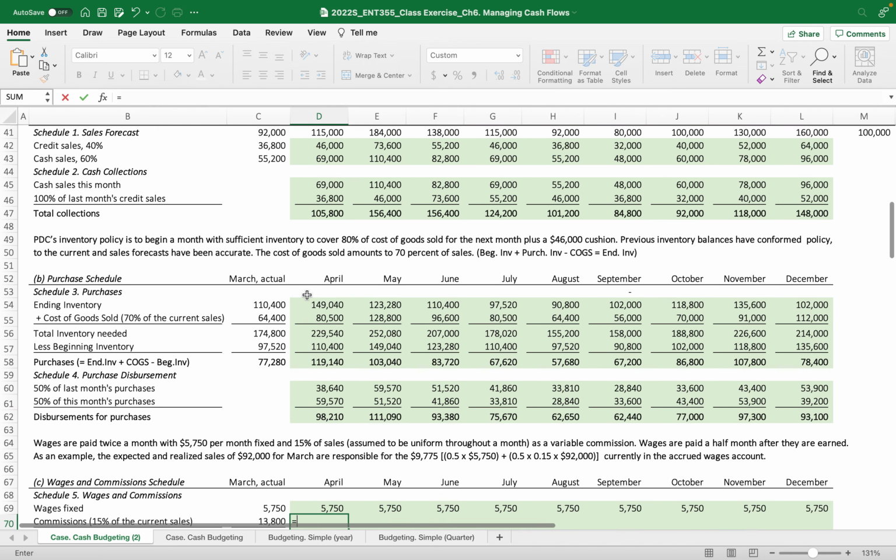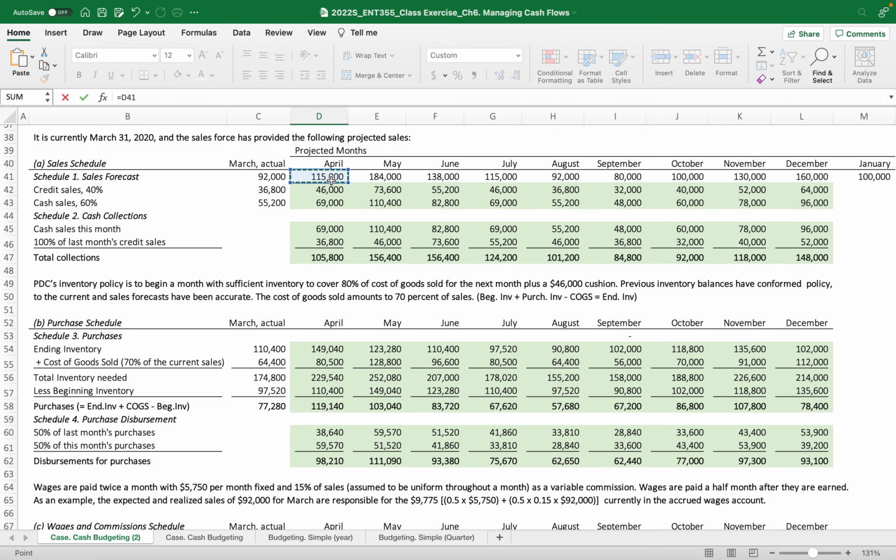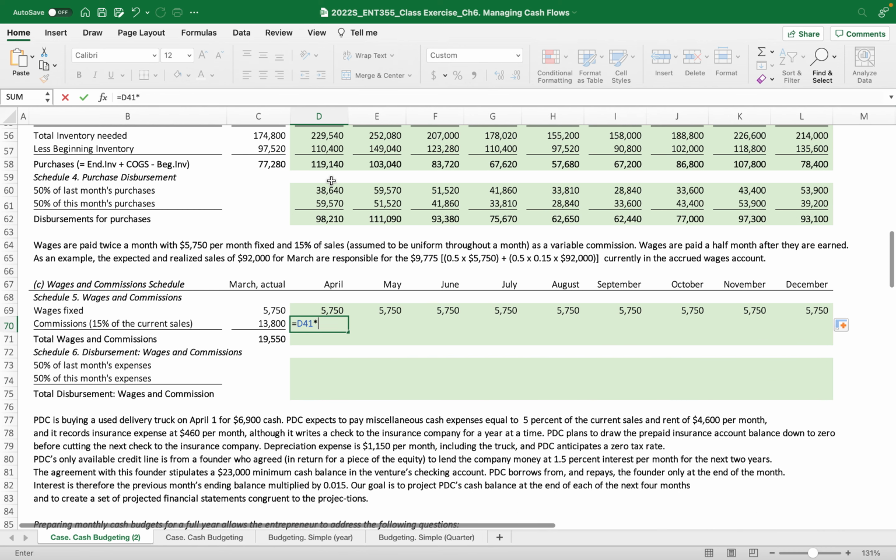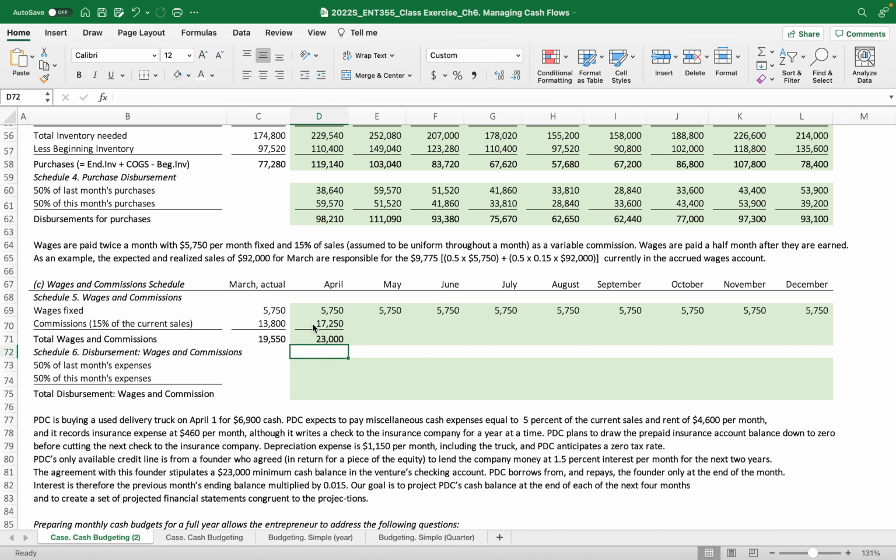How to get it? From here, the sales forecast times the 15%. So we got it. So let's just drag. Oh, first we need to sum these two up. And then 23,000 is wages and commissions.